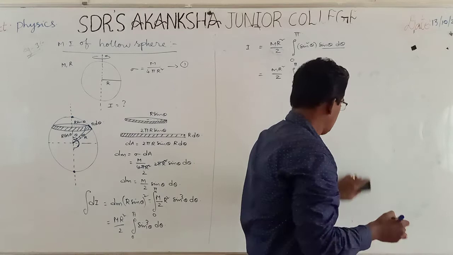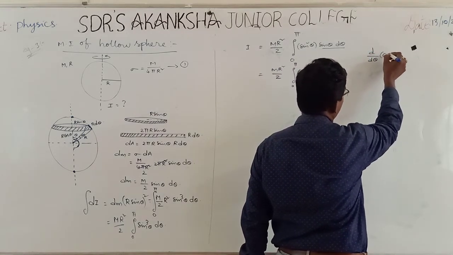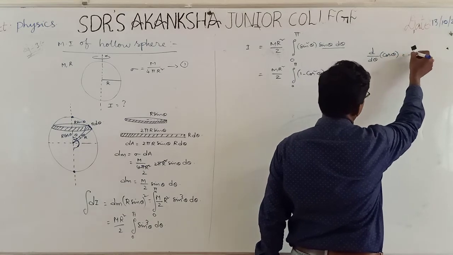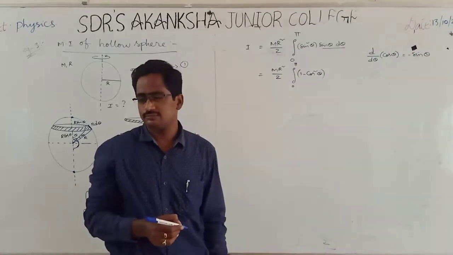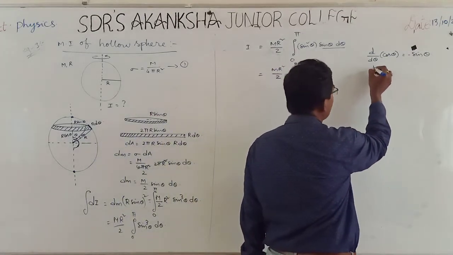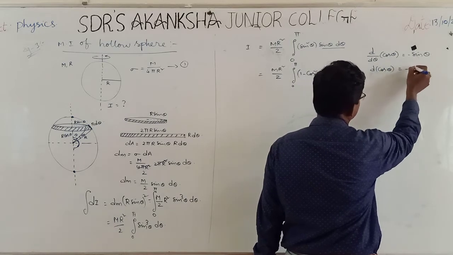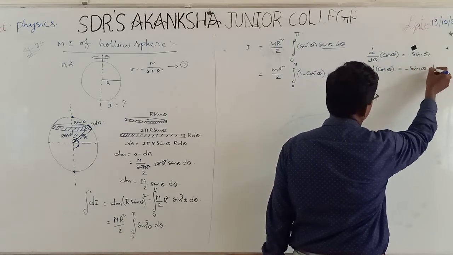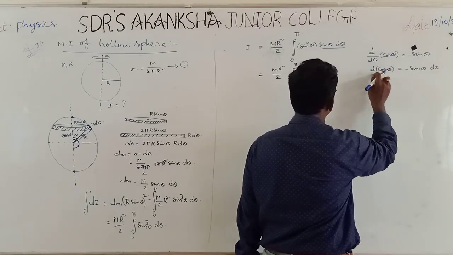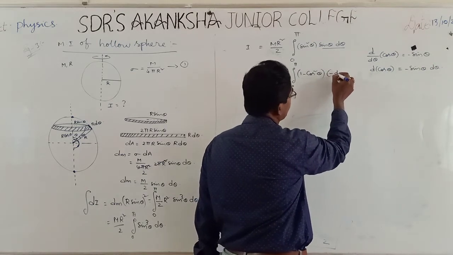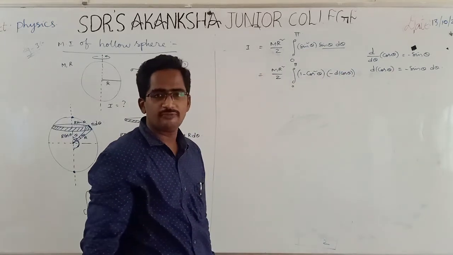Normally d by d theta of cos theta is minus sin theta, which you already studied in the first year. So d of cos theta is minus sin theta d theta, that means sin theta d theta is minus d of cos theta.